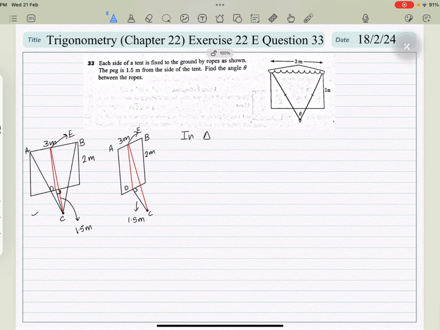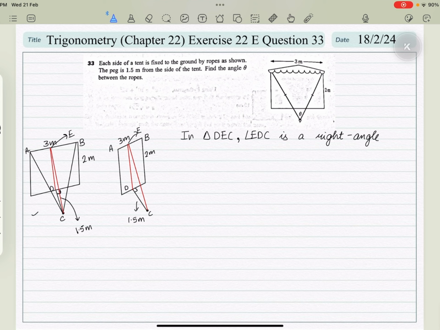So in triangle DEC, angle EDC is a right angle, not a triangle, it's a right angle.